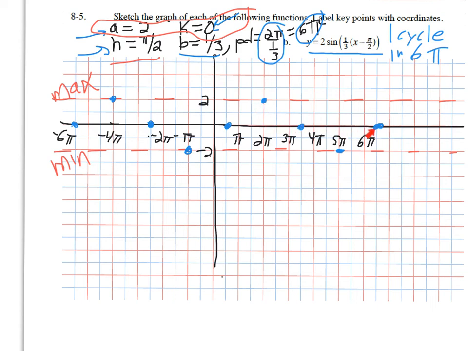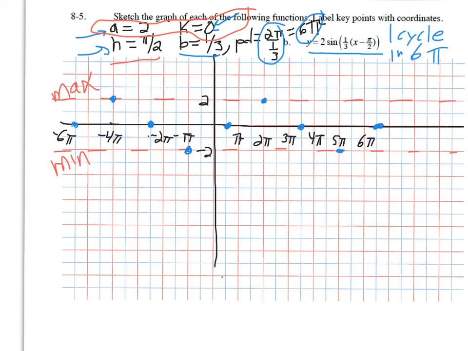And somewhere between the second set of x-intercepts, I need that minimum right in the middle. So if this is going to be 1, 2, 3, 4, 5, 6 units wide, count in 3 and go to your max. Count in 3, go to your min.